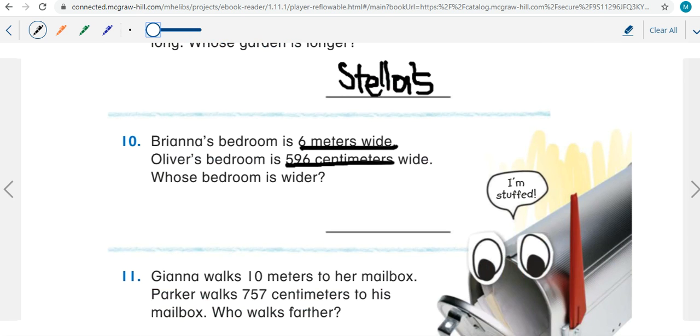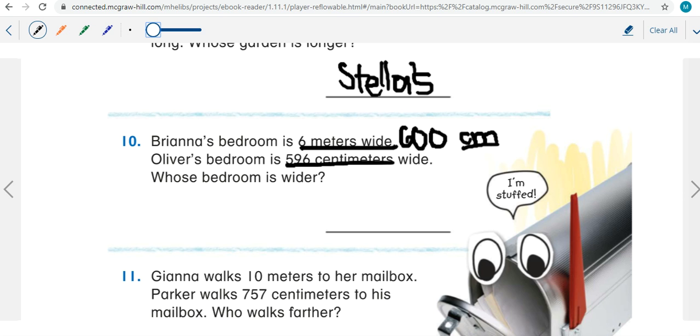So if we have 6 meters, if you add 100 plus 100 plus 100 plus 100 plus 100 plus 100, that makes 600 centimeters. cm, remember cm is the same as centimeters. This is the short way to say centimeters.